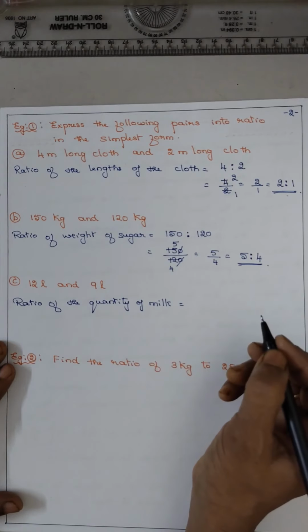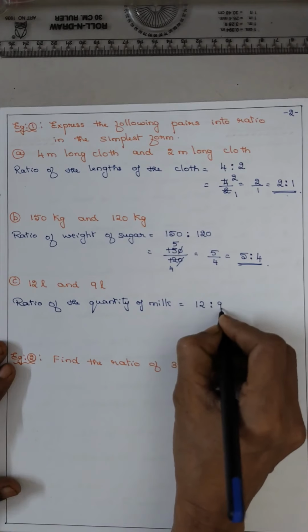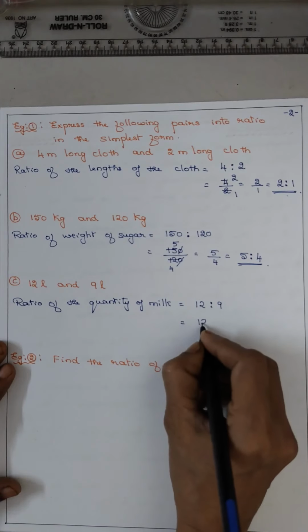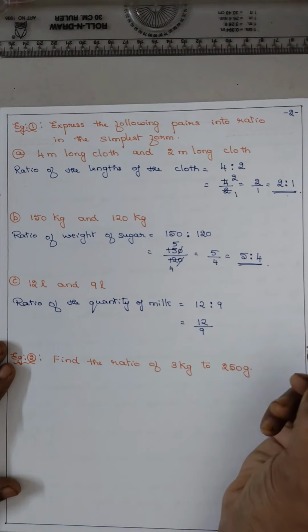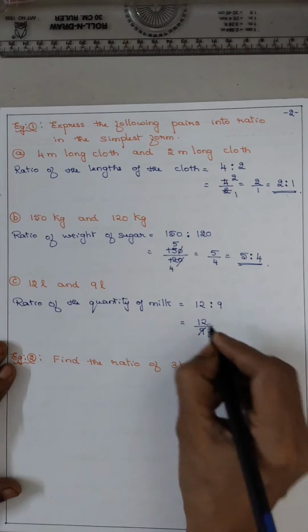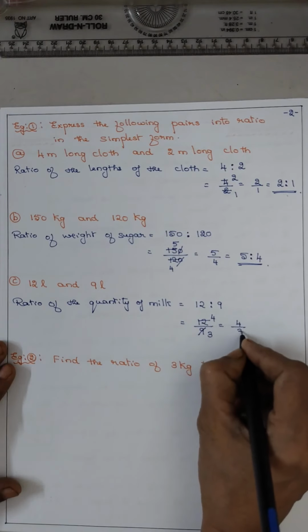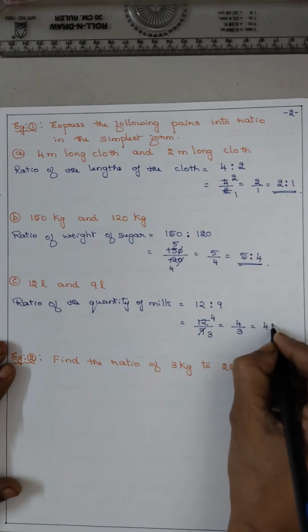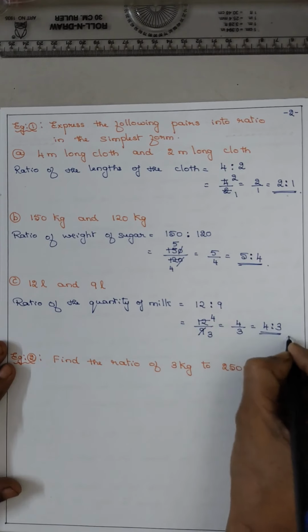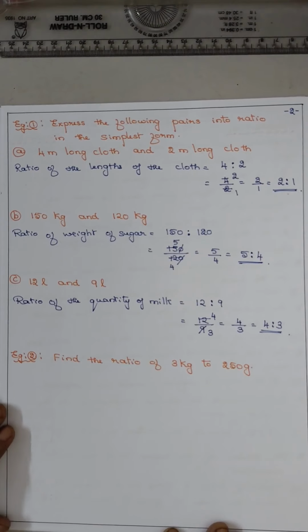So 12 liter and 9 liter. So 12 is to 9. Write in the fractional form 12/9. They are the multiples of 3. 3 3s are 9, 3 4s are 12. So 4/3. Therefore 4 is to 3. Hope you understood the example 1.